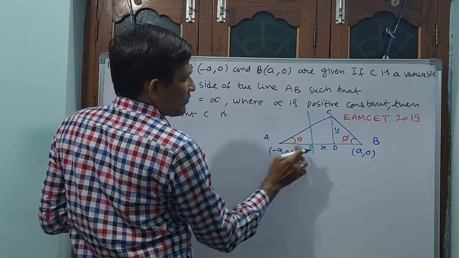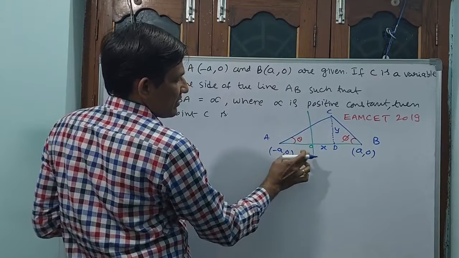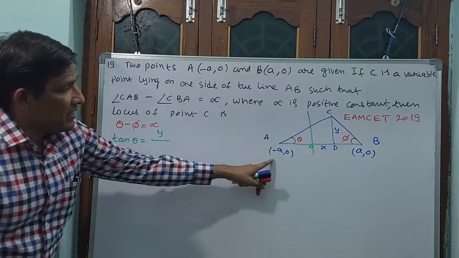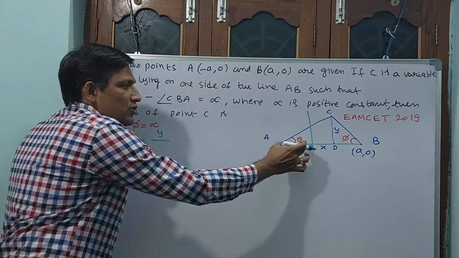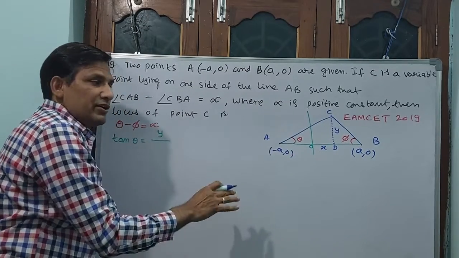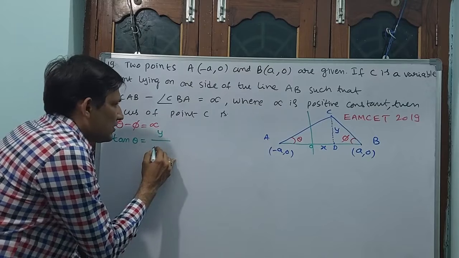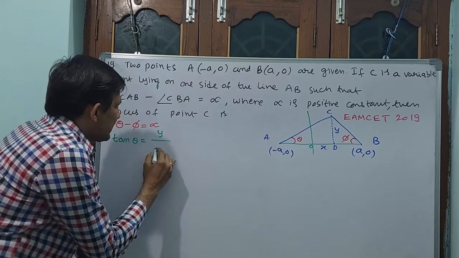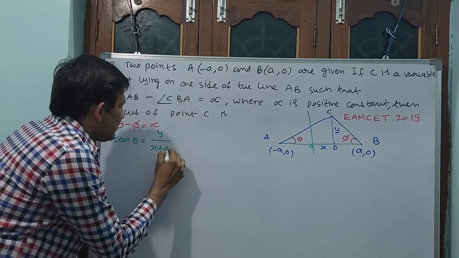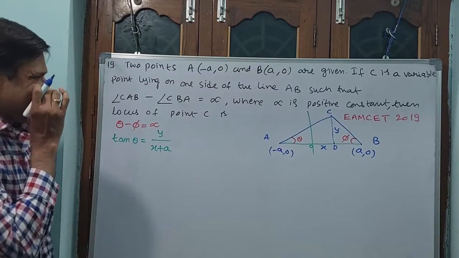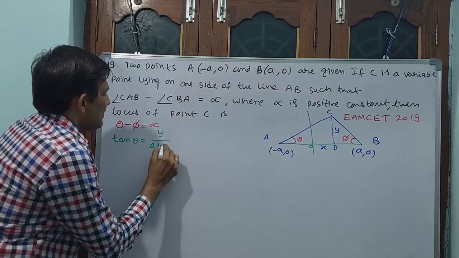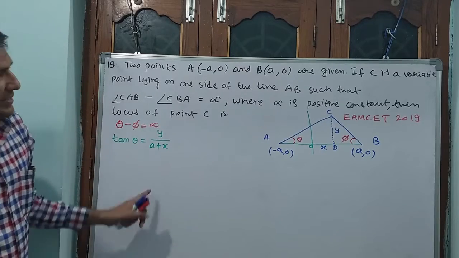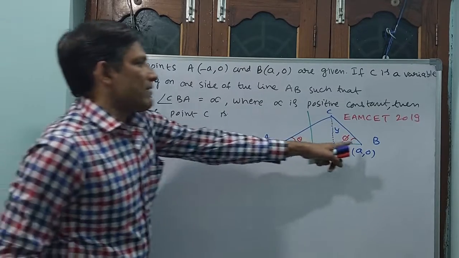From D to A means x plus a. Don't write x minus a. Why? Because the total distance from here to here in negative direction is a plus x. Shall I write a plus x or x plus a? Yes, a plus x we write. Then what about tan phi?